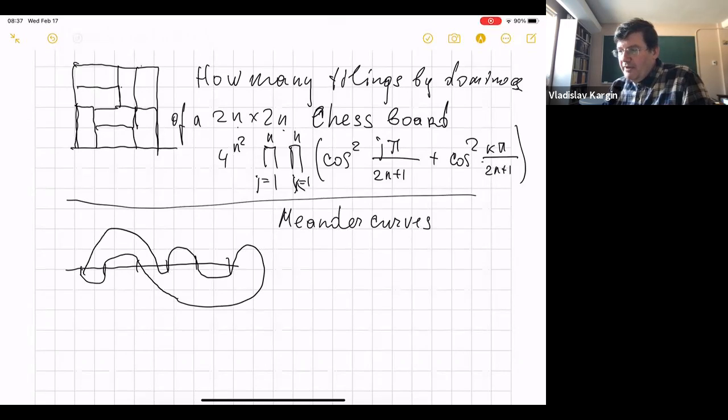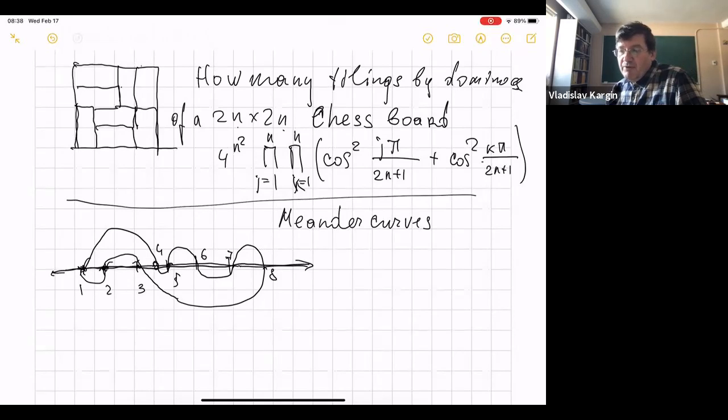This is something like a path, and this is a straight line, and when you go along this straight line, you cross the river over the bridges. Now if you fix the number of bridges, here's 1, 2, 3, 4, 5, 6, 7, 8.